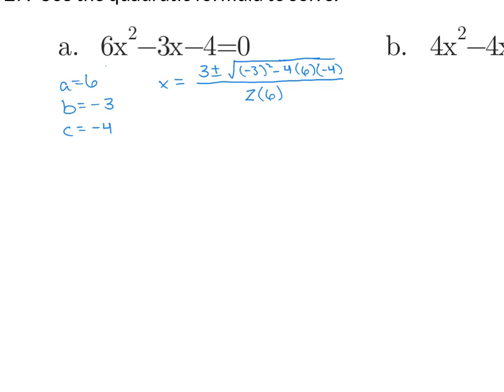All right, if we go ahead and simplify now, we get x equals 3 plus or minus the square root of 9 plus 96. We're going to multiply negative 4 times 6 times negative 4, all over 12.